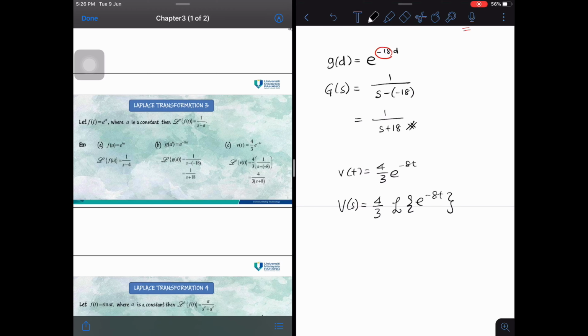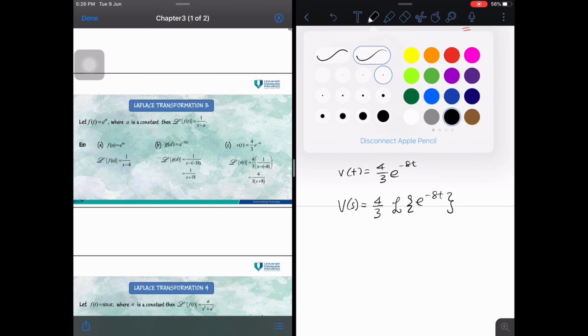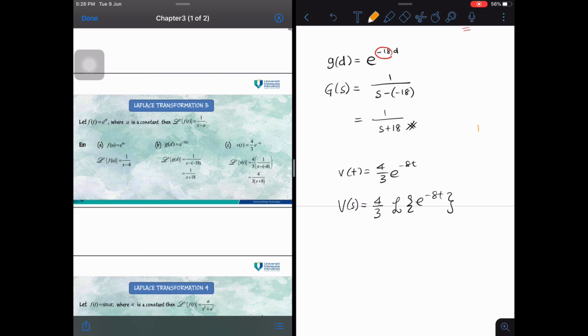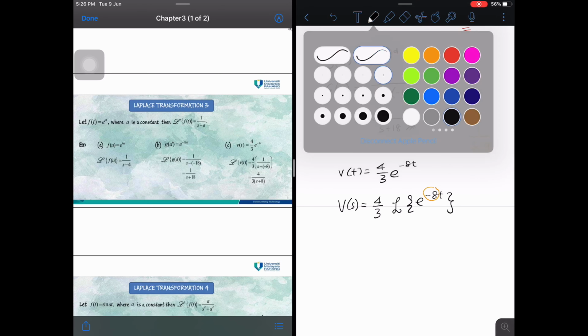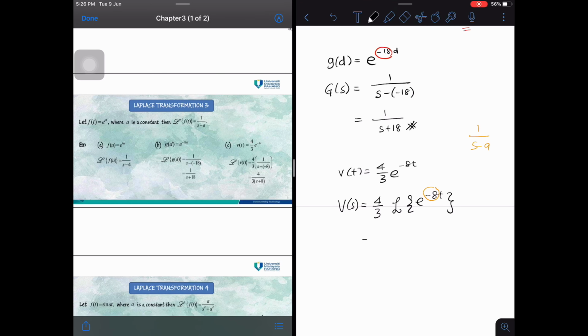Since this involves an exponential, we know that the formula we can use is 1 over s minus a. Now what is our a? Our a is negative 8. Therefore we can use the formula for the exponential function. We will have 4 over 3 in front here and 1 over s minus negative 8 at the back.